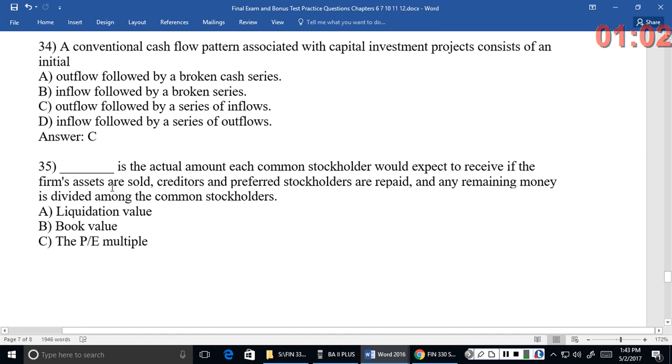Liquidation value, the definition would be the assets are sold for their market value. Okay, there's a difference between book value, what it's worth on the balance sheet, and actual market value, what you can really get for an asset when you sell it. And so that's the difference between book value and liquidation value.